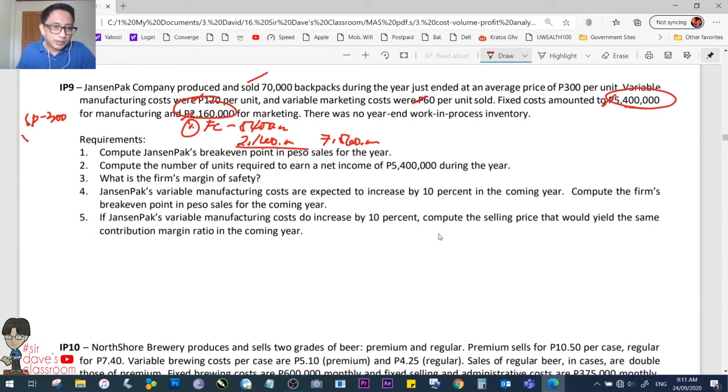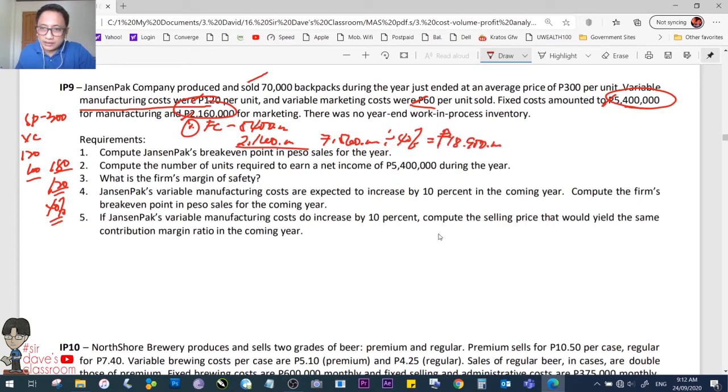Our variable cost would be 120 plus 60, the 120 being manufacturing variable and 60 being marketing variable cost. 180 deducted from 300 would be 120 pesos or 40% contribution margin percentage. 7,560,000 therefore divided by 40%. Our response to number 1 should be 18,900,000.